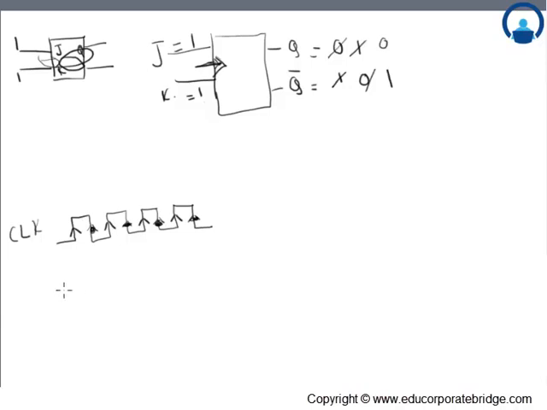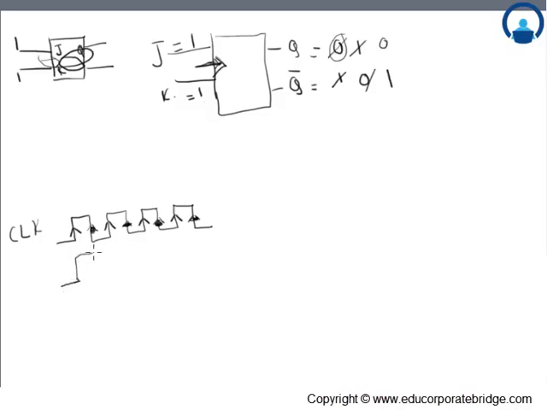Let's start with 0, as we have assumed the initial output of the JK flip-flop is 0. Since it is positive edge triggered, the state Q changes when the clock changes from 0 to 1. So in this case, the clock changes from 0 to 1, and we can see that the output of Q changes from 0 to 1.